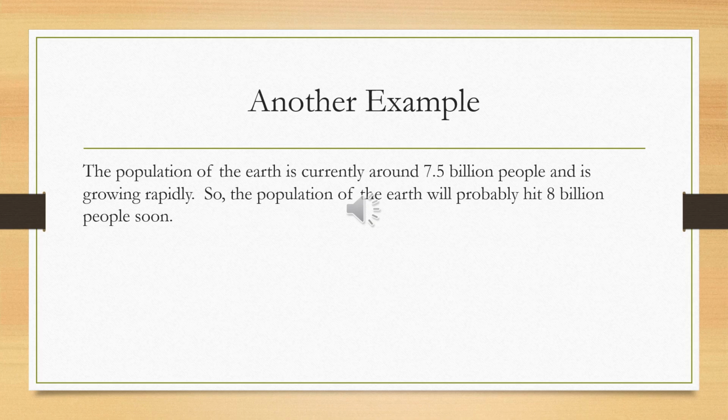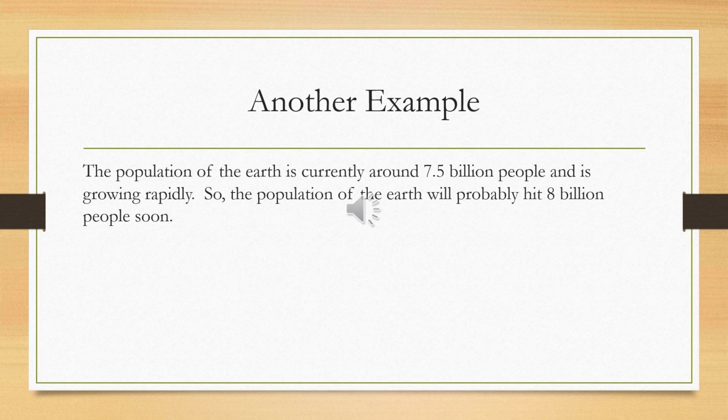If it were true that there are 7.5 billion people on the Earth, it seems pretty likely that there will be 8 billion people pretty soon. So the premise, if it were true, would make the conclusion true. So it's strong. Next question, is it actually true that there are around 7.5 billion people on the Earth?